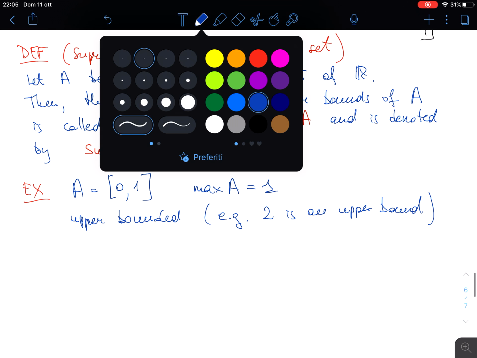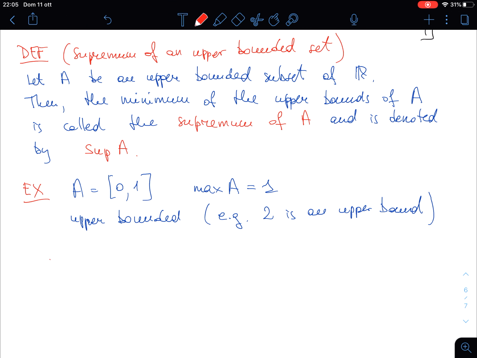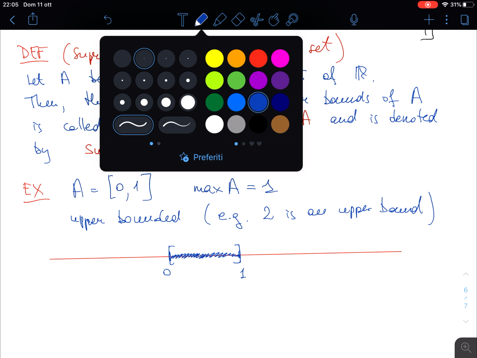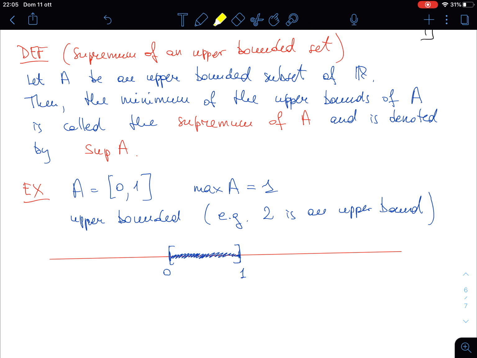And I want to be perhaps too slow and too pedantic, but I want to be clear. So here we have 0, here we have 1, and the interval we are interested in is this. So here is the half line of the upper bounds. This is up of A, and this is A.